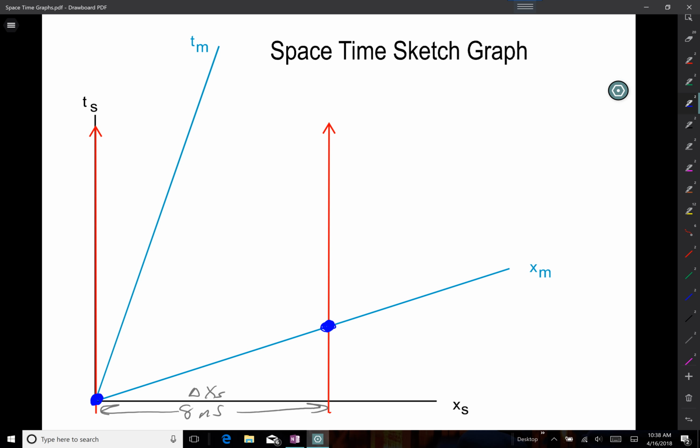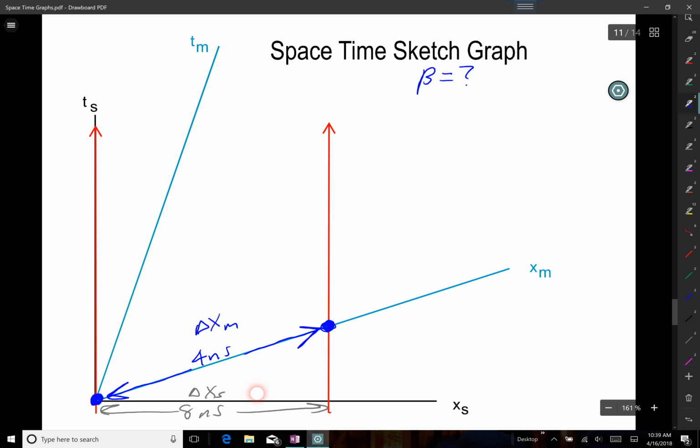We've done that example in class. When somebody's measuring something that's moving past them, they have to mark the front and the back simultaneously with pieces of tape, and then they measure the distance between the pieces of tape. And we want this distance to be half the length in the perpendicular reference frame, and this is delta XM because this is the skewed reference frame.